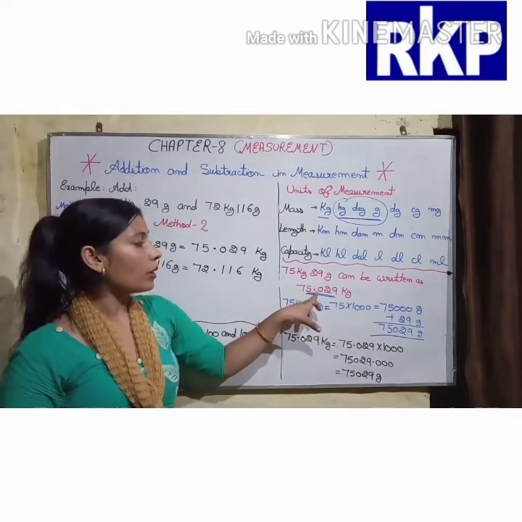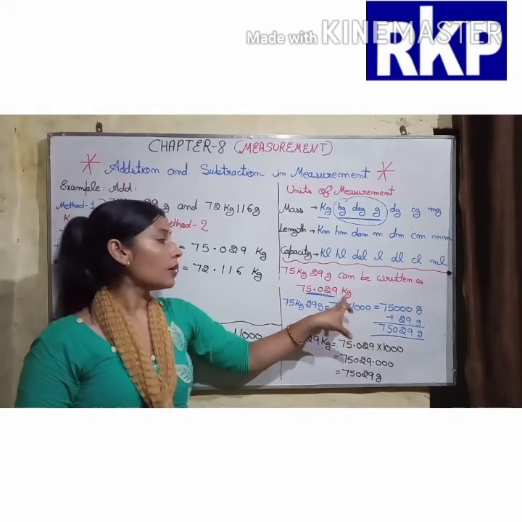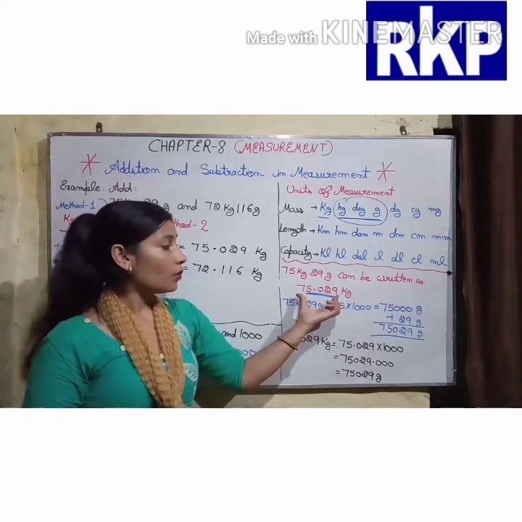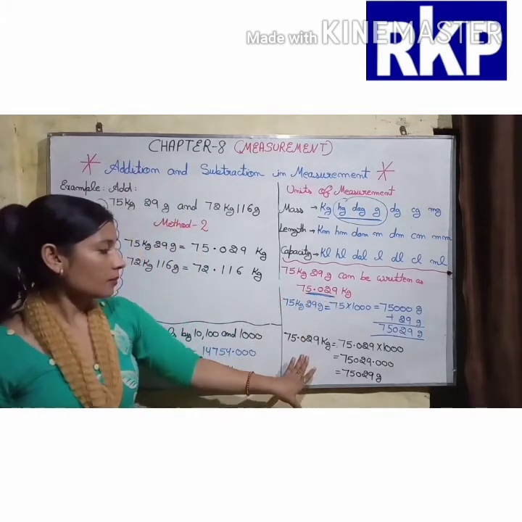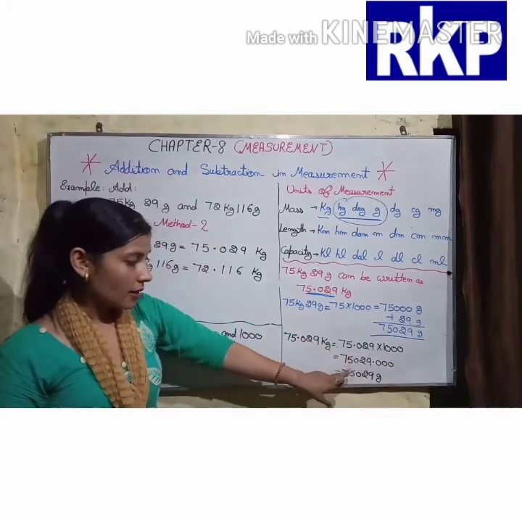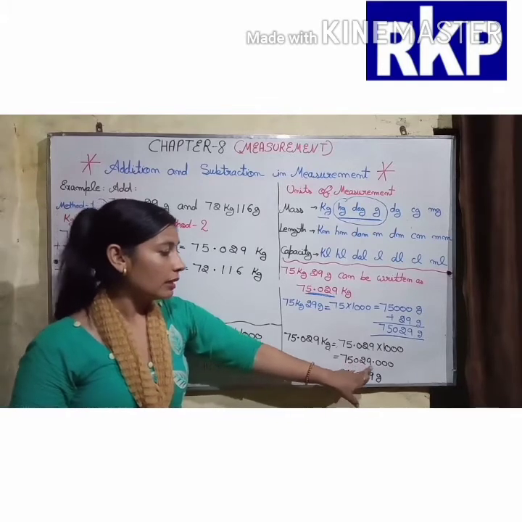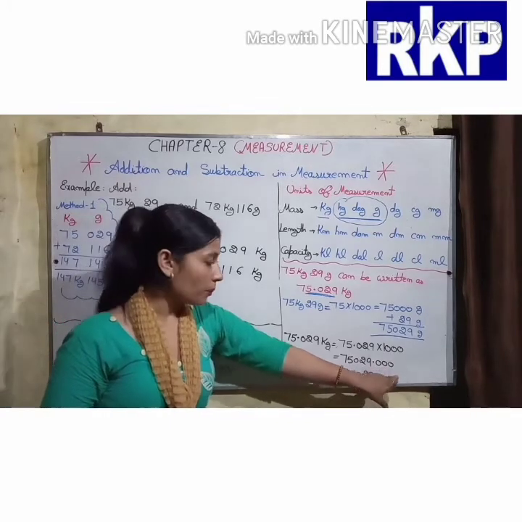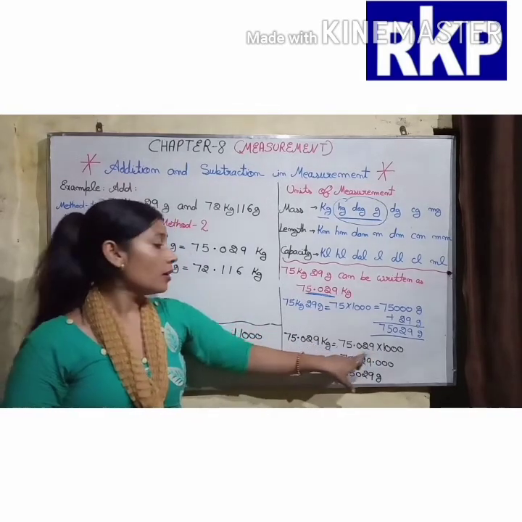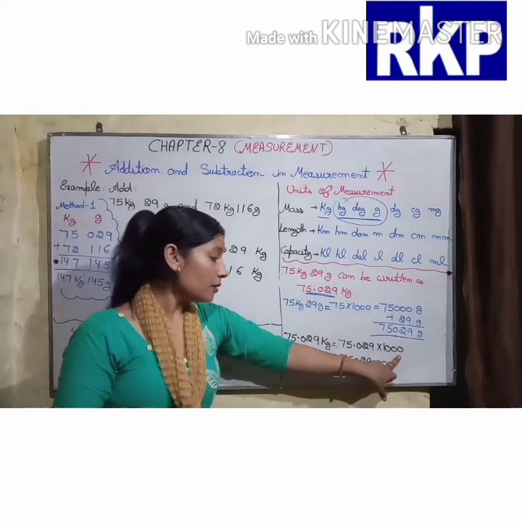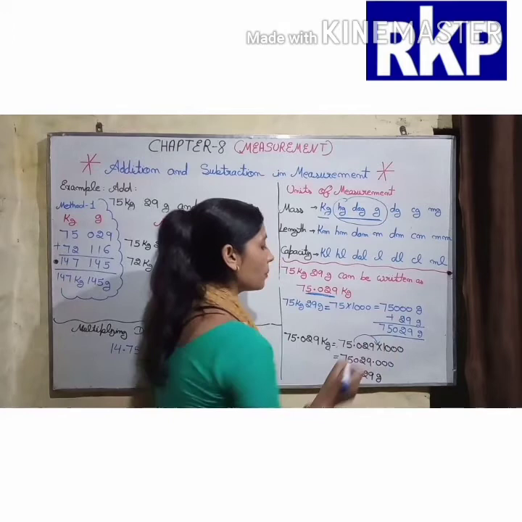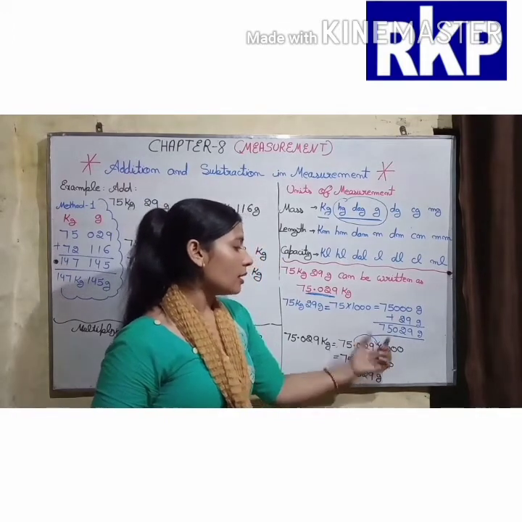Here 75.029 kilograms. So here we need to multiply this complete decimal number with 1000. When we multiply this number with 1000, we get 75,029.000. But why beta? Because when we multiply any decimal number with 1000, we shift the decimal point 3 digits to the right side.